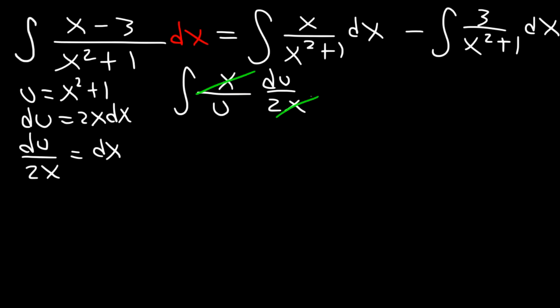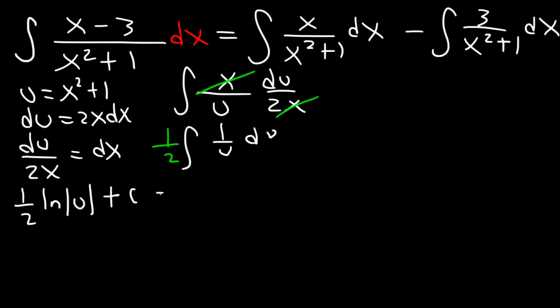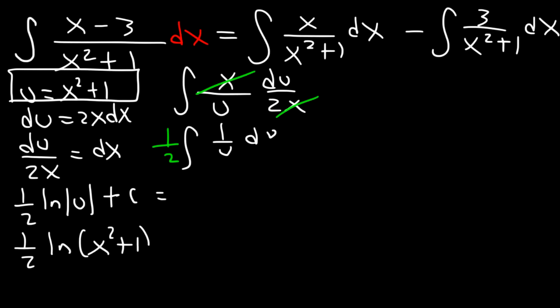And this will cancel, so we're going to have 1/2 in front, integration 1 over u du, which is 1/2 ln u plus c, and u is basically x squared plus 1. So it's 1/2 ln x squared plus 1.